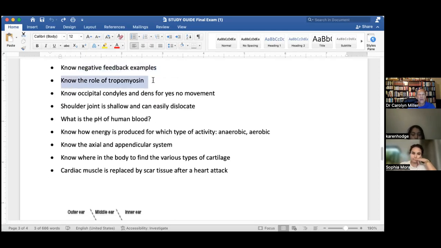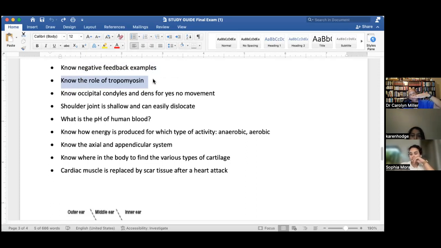The role of tropomyosin. In class, I showed you it's like a rope. It's going to block the myosin binding sites. Well, when we need a contraction, troponin is there, and calcium binds to troponin. Troponin changes shape, and that rotates the tropomyosin out of the way so that the myosin binding sites on actin are now visible.